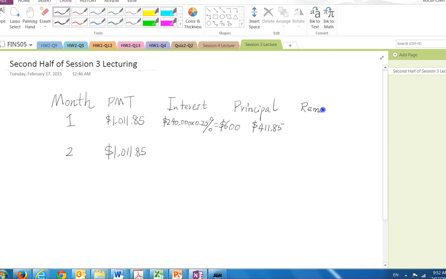Sometimes it's not very beautiful. Remaining. Let me just use a PRIP. Okay. Remaining principal. So that's gonna be your initial balance, 240 minus 411.85.